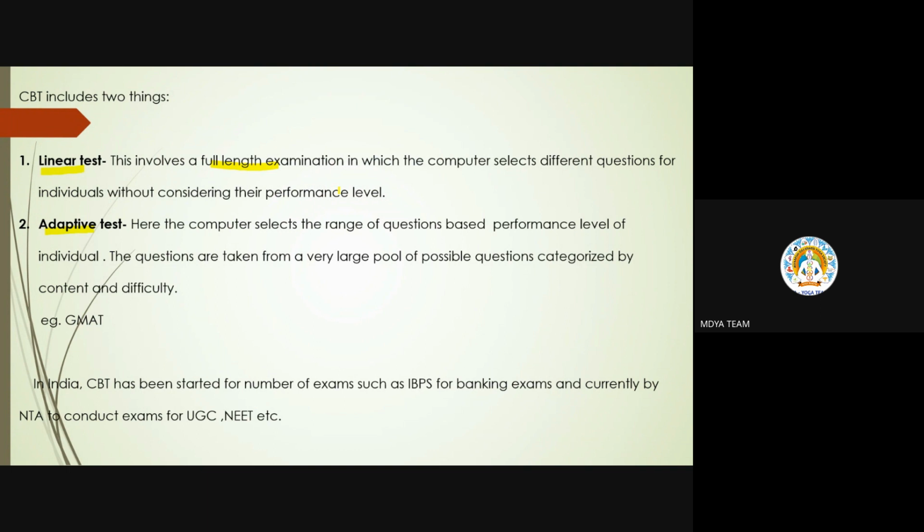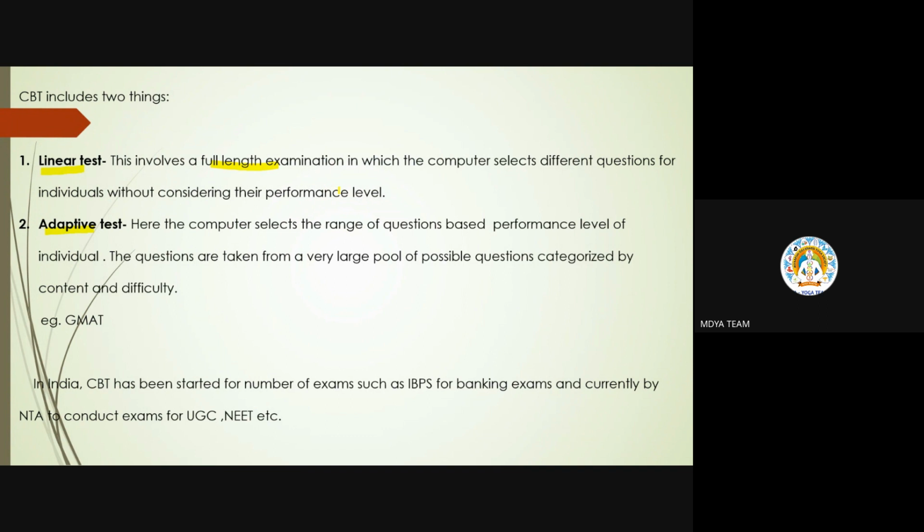There are 150 questions, and if you start attempting the paper and in the beginning you get 20 questions wrong, still the paper will be the same. The computer will not change your questions. You will solve the same paper.